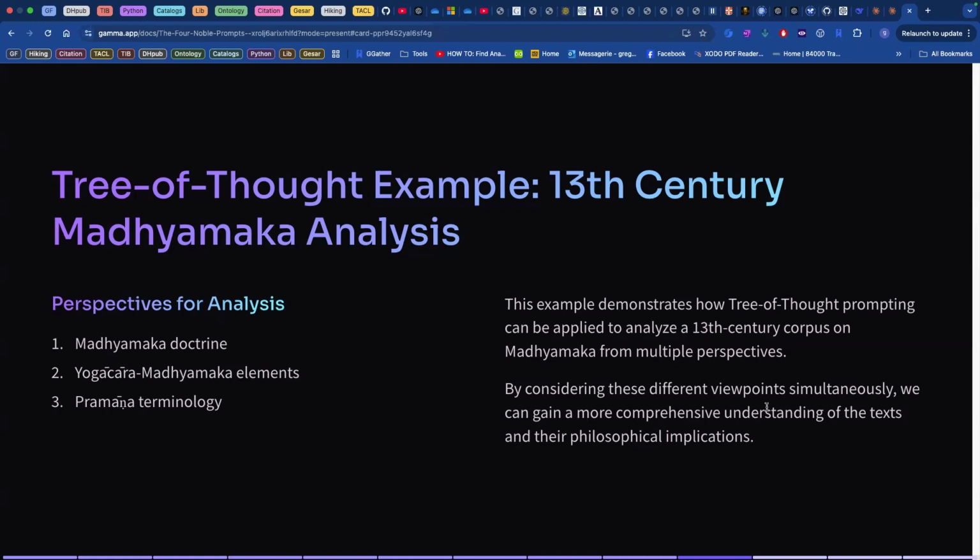So anyway, here we can ask the model to look at the text from different perspectives, based on different doctrinal terminology or just views. You can consider various hypotheses through that prompt, and then bring that together.